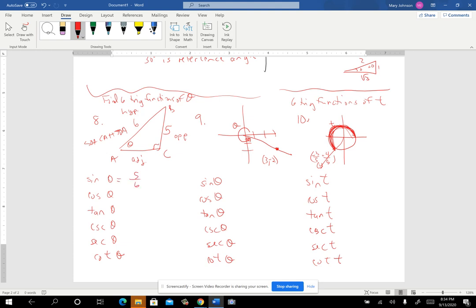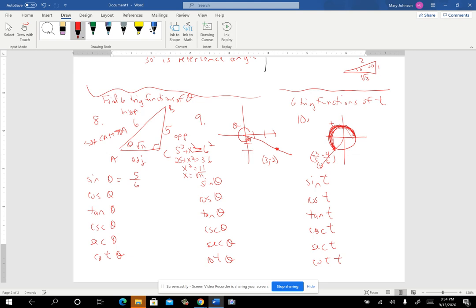But for cosine, I need the adjacent side. So that's when I'm going to be thinking 5 squared plus something squared equals 6 squared. It's an equal sign right there. So then 25 plus x squared is 36. So x squared would be 11, wouldn't it, when you subtract 25? And so that means x, this side right here, would be the square root of 11.